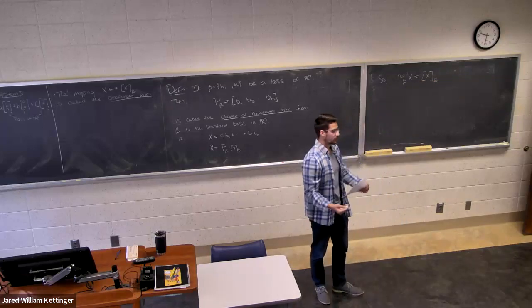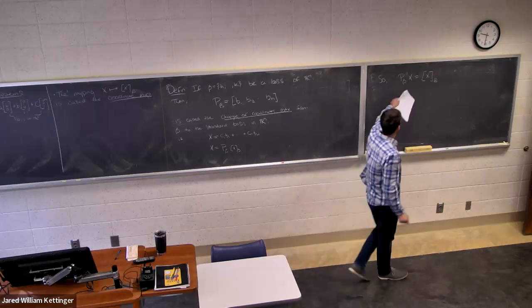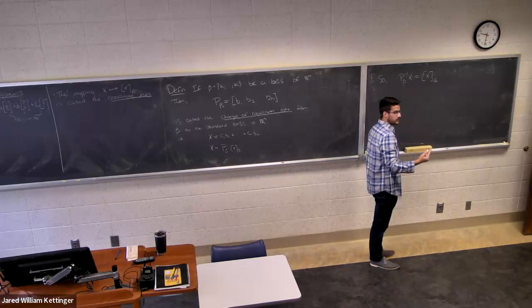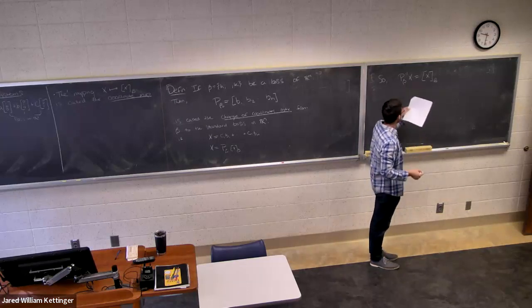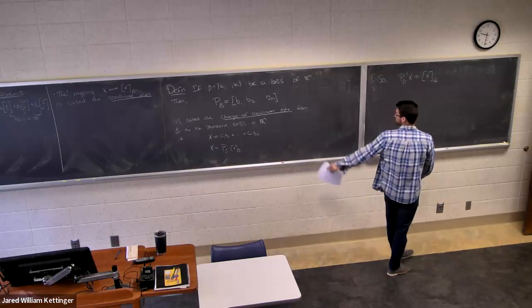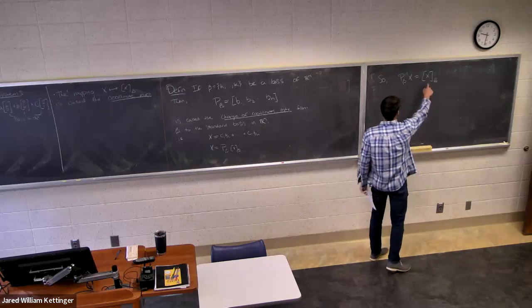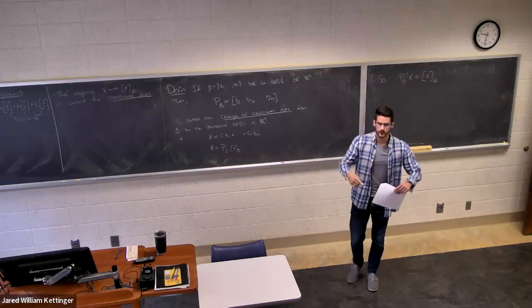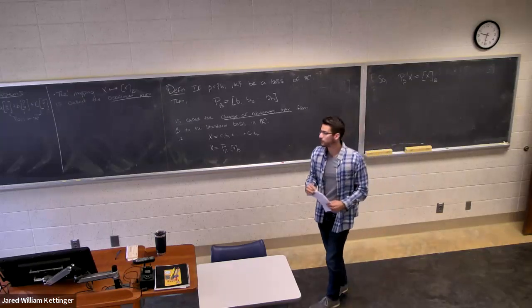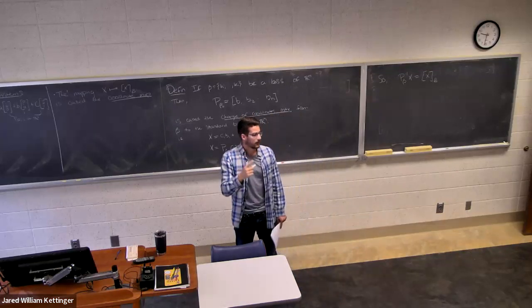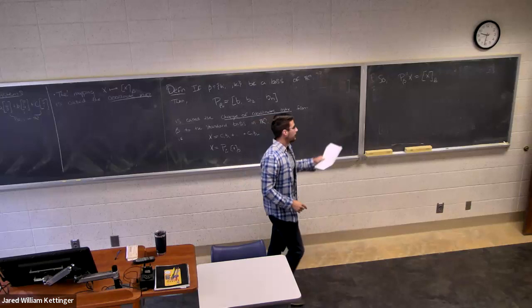If you're given the coordinates, you just plug them in. But if you're given an x and you want to find its coordinates, well, you can multiply on the left, remember, by the inverse of the change of coordinates matrix, and you'll get your coordinates back. So instead of having to solve a system of linear equations every time, all we have to do is find the inverse of this matrix one time, and then we can always shift.